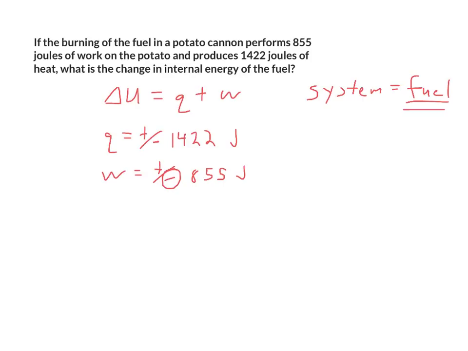So next, heat. It produces 1422 joules of heat. Again, the fuel in the cannon is producing heat. Okay, producing it. So making it. So it's coming out of the fuel. The sign of heat is negative. Now that we've got those signs, we can solve. Those negative values.